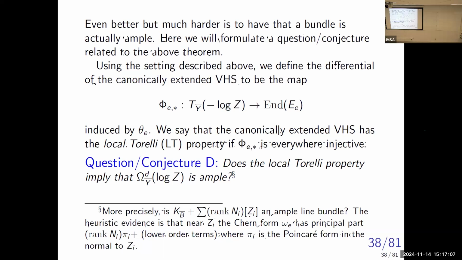So that's not just in the Zariski open, but it's also on the divisor at infinity. And then the question is, does the local Torelli property imply that the log canonical bundle is ample? And one can show that it's big and nef, but ampleness, so far as I know, is not known.